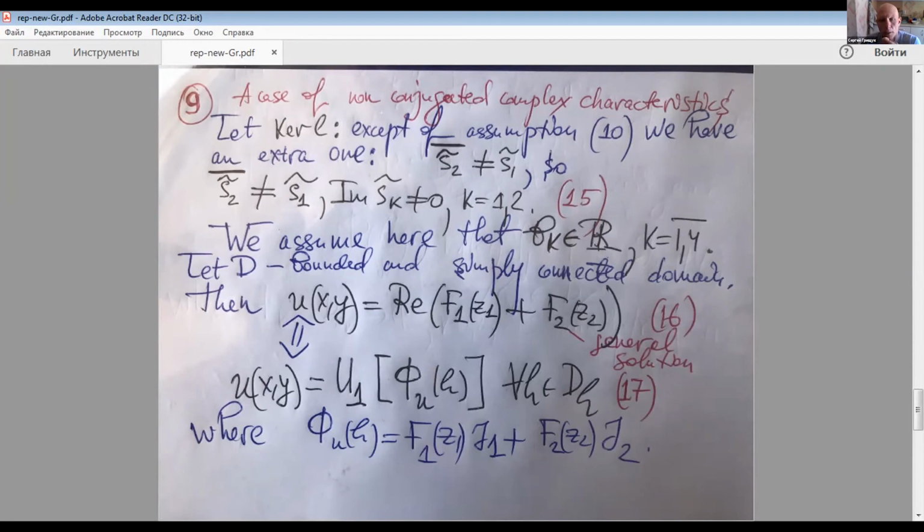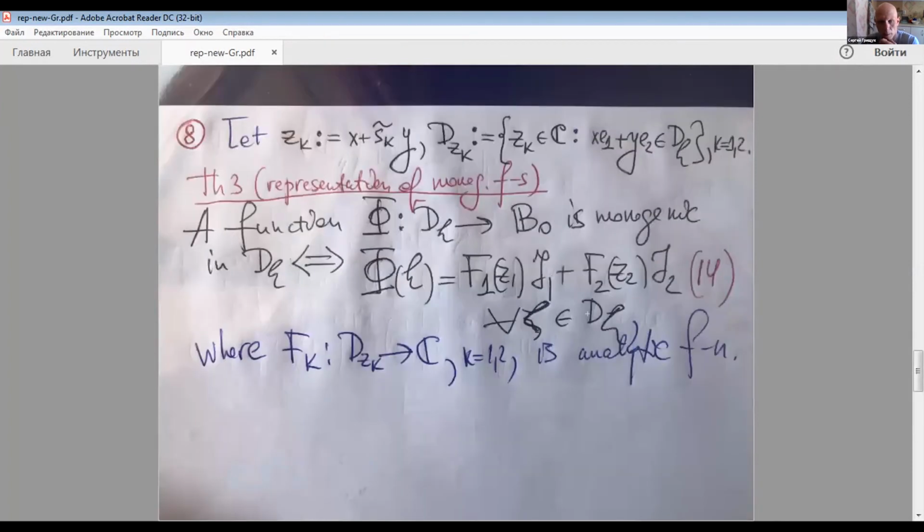Also, if we assume that all coefficients are real, and D is a bounded and simply connected domain, then it's a well-known fact, which is proved for some cases in anisotropy plane theory by Leknitsky, and it can also be proved by a similar method, that the general solution has such representation 16. Here, f1 and f2 are complex functions.